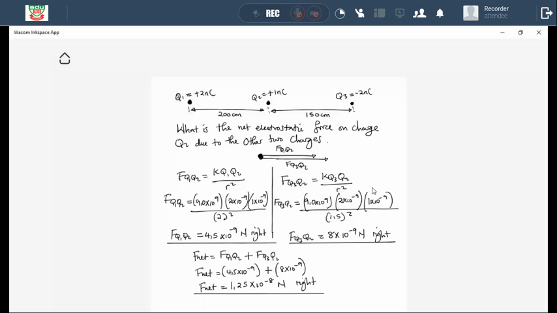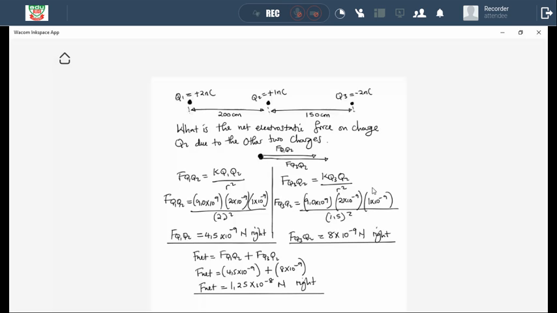Now, given the fact that Q1 and Q2 are almost similar in magnitude, it means the charge that is going to have a greater influence on Q2 is the one that is closest to Q2. So you look at the two distances. Q1 and Q2 is 200. Q3, Q2 is 150. So it means Q3 will have much more influence on Q2.